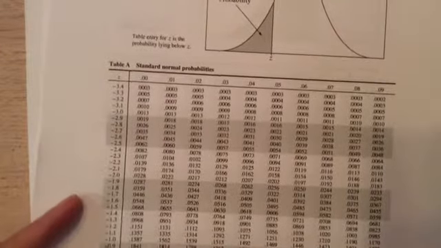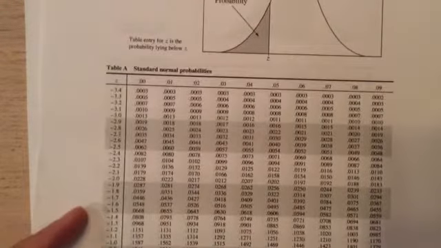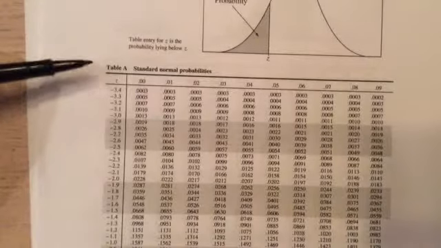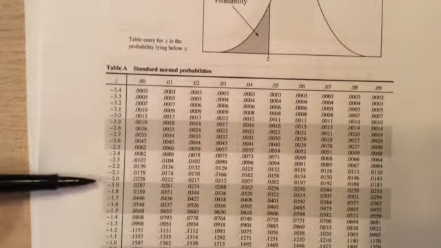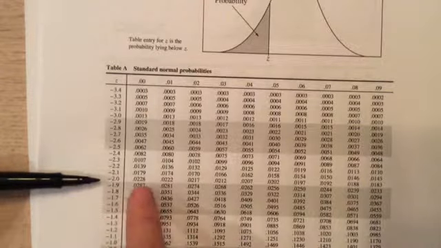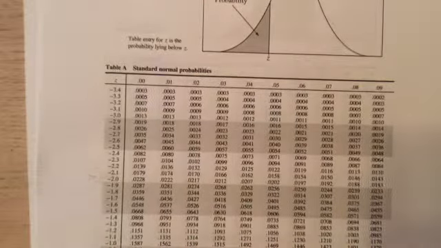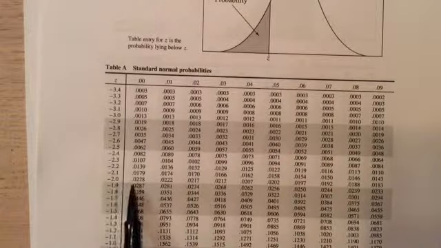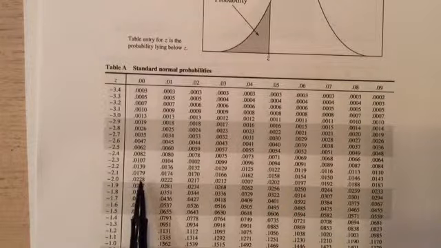So just like we did before, we're going to look down the left-hand column of our z-table. We find negative 2.0 and over to column 0. And what we find is the decimal, which represents the proportion that we're looking for. So that's 0.0228.